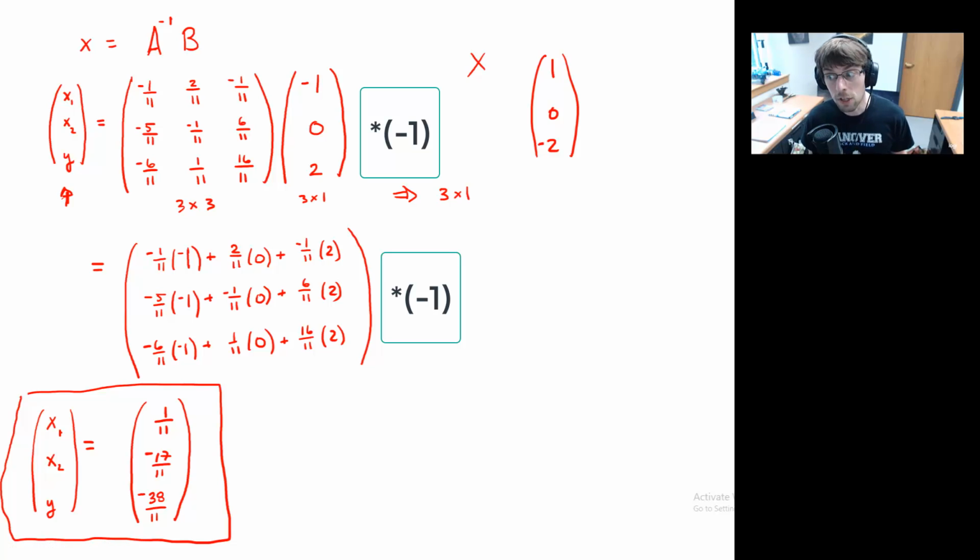So you now have two different ways of solving a system of equations. Actually, I guess you could say three ways, but graphically it's not very robust. Number one is that you apply Gaussian elimination and then back substitution.